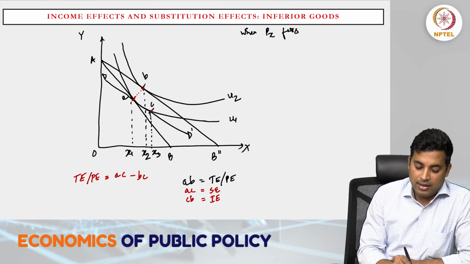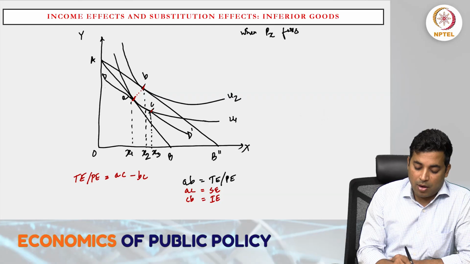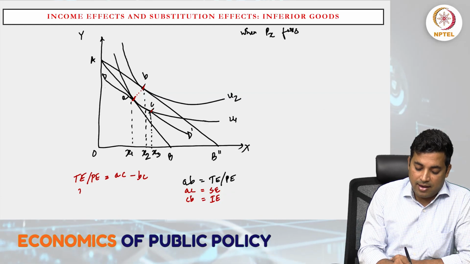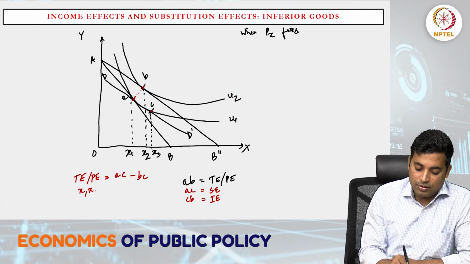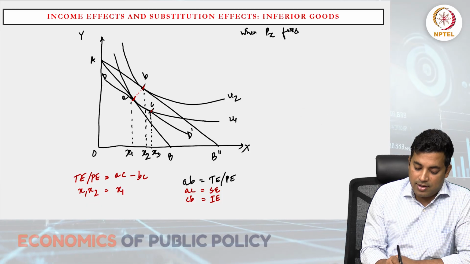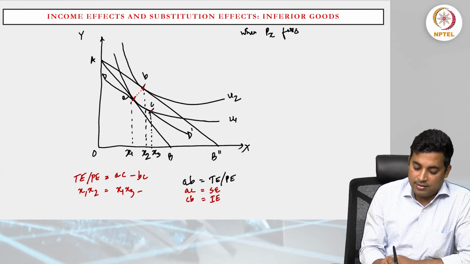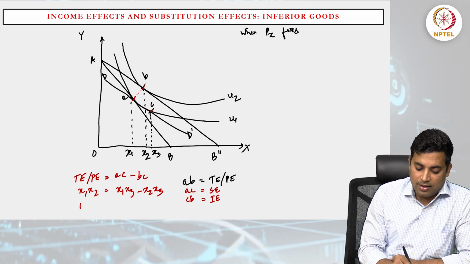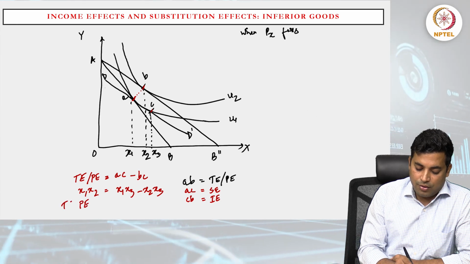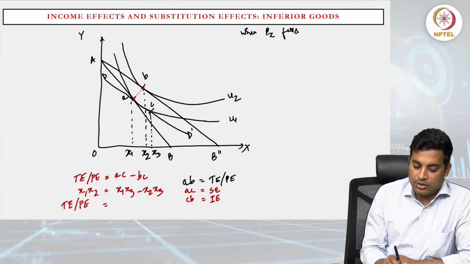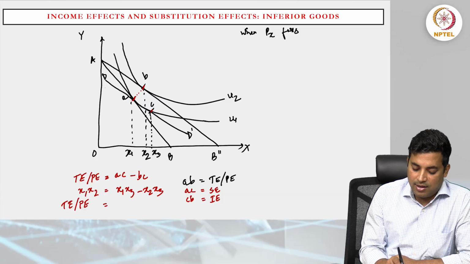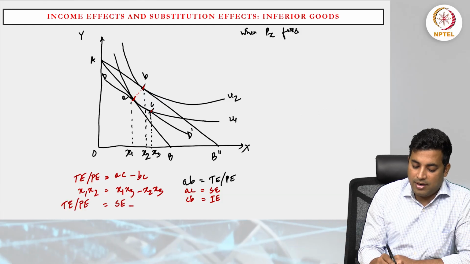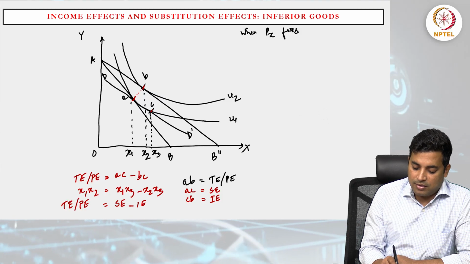So in terms of quantity, the price effect x1 x2 is equal to x1 x3 minus x2 x3. So the price effect or total effect is equal to x1 x3, the substitution effect, minus the income effect.